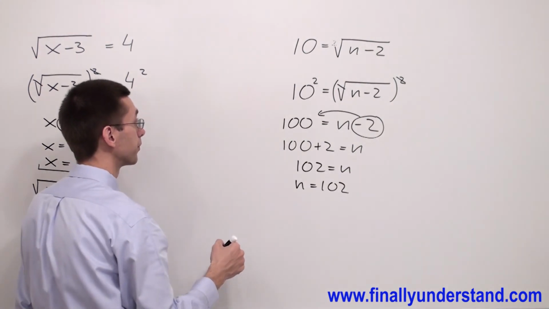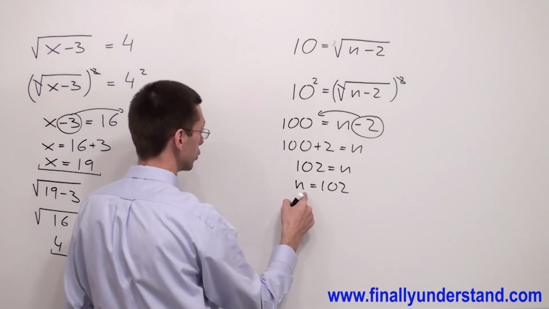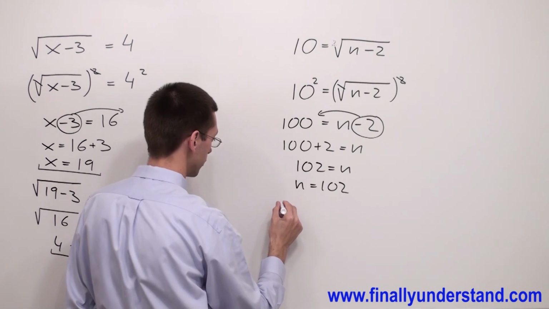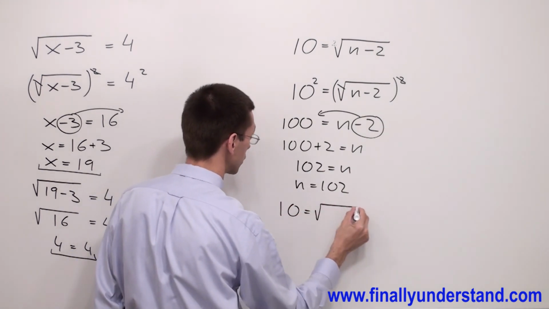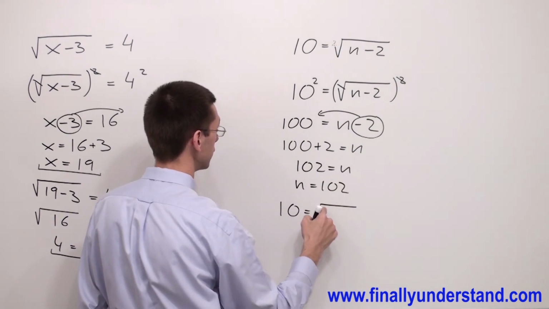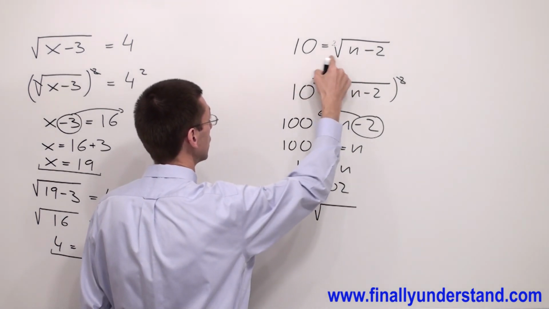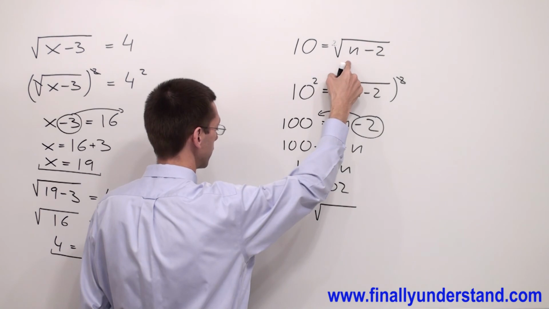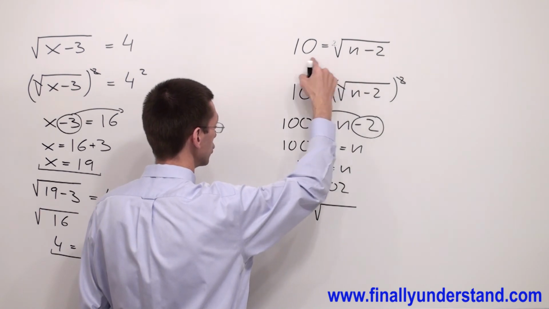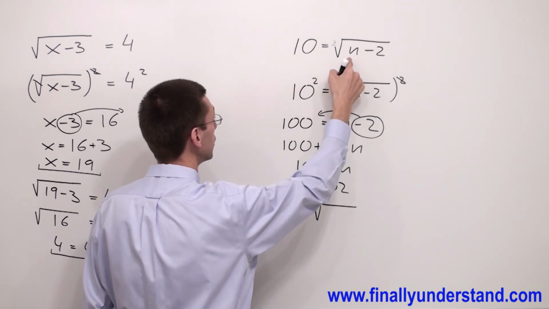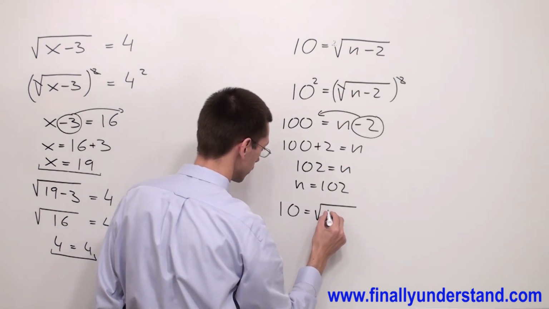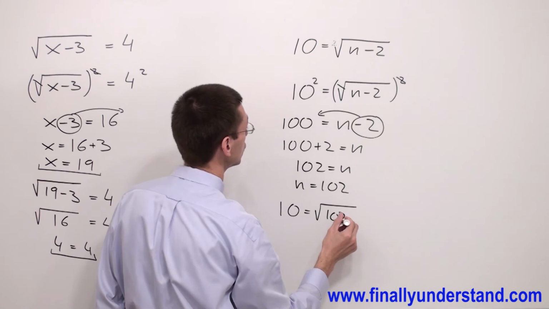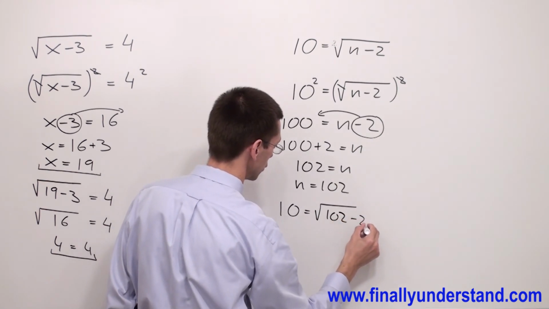Let's verify this solution. I have 10 equals the square root of, and I basically copy the first equation. I simply copy the original equation, and instead of n, I'm going to write 102 minus 2.